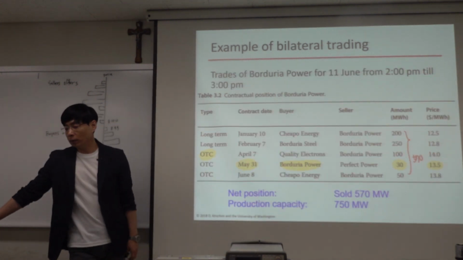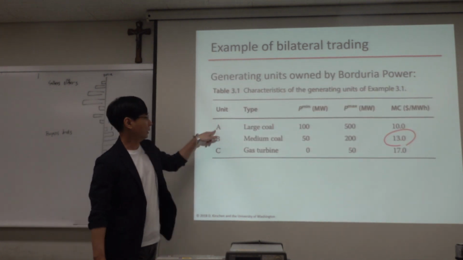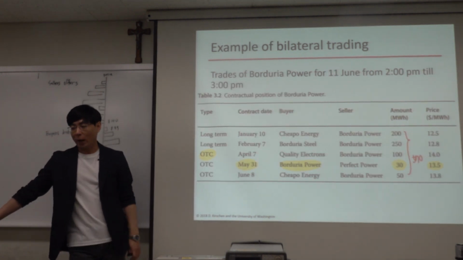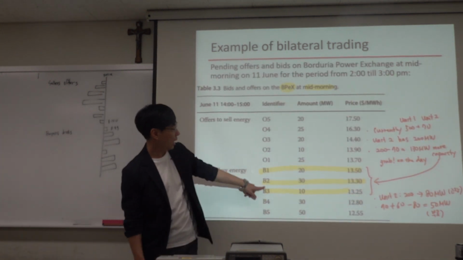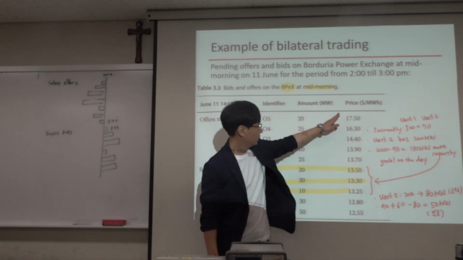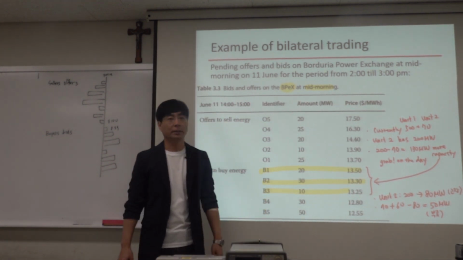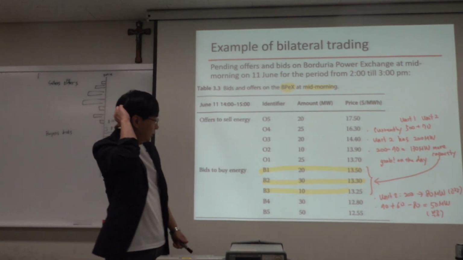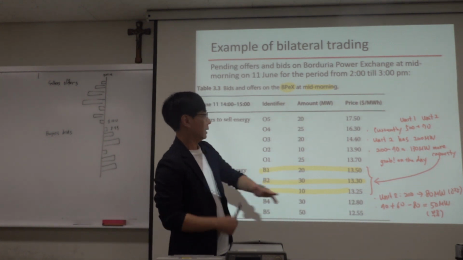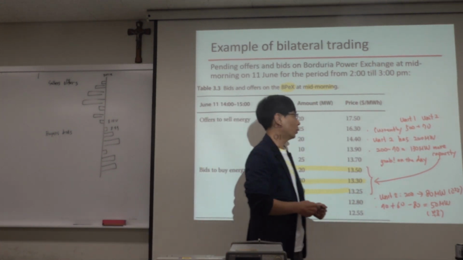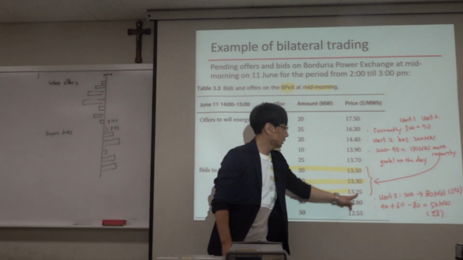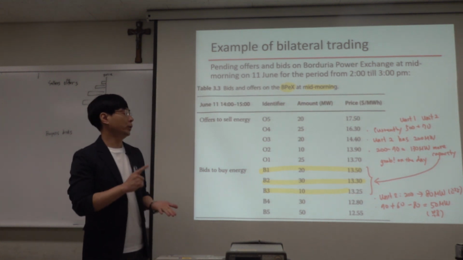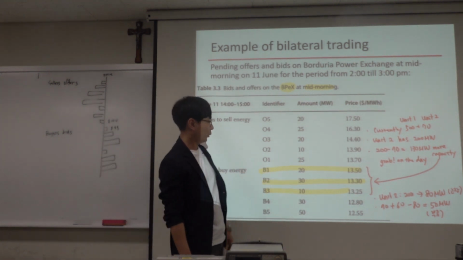And she is looking at this order book, and this is the price they are willing to pay. What was the marginal cost of unit B? That is $13. So she decides to grab these 3 offers, of which the prices are higher than the marginal cost of 13. She has 130 megawatt more capacity, and she decides to grab these 3 offers.